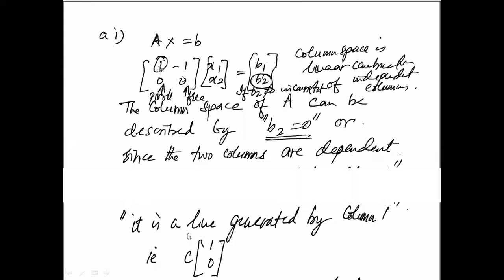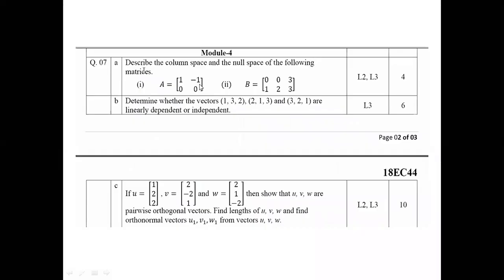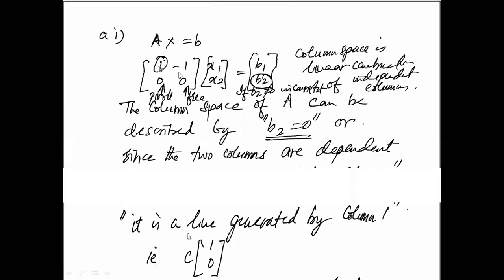So the matrix A which is given to us is 1, 0, minus 1 and 0. I've written 1, 0, minus 1 and 0 here. You can see from here itself that the first column, 1, 0, will be the pivot column, whereas the second column, minus 1 and 0, will be the free column.